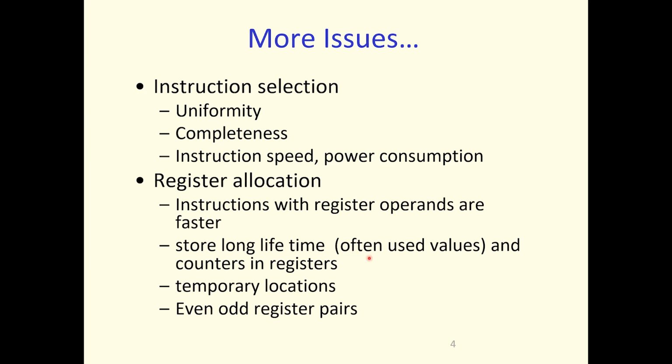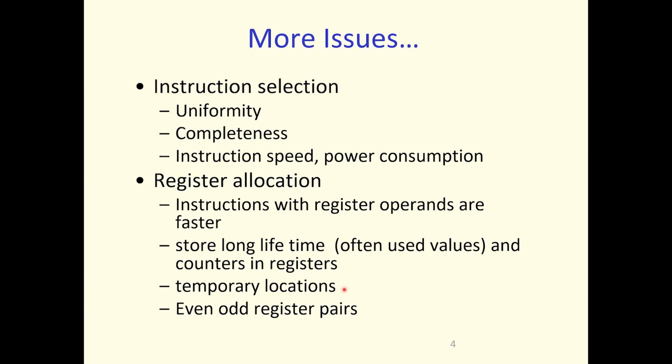We would like to store values which are used very often, like counters, in registers. Temporaries which are created and destroyed need not get memory locations because you will unnecessarily be loading and storing values. So typically you would like temporary locations also to go into registers.